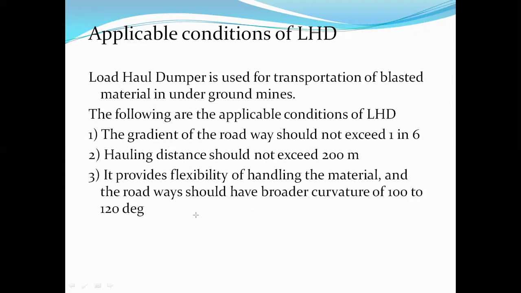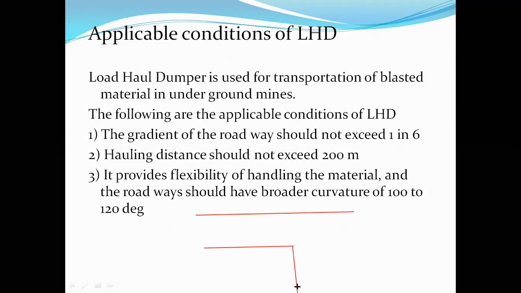Let us say this is one, and this is another one. Let's say you have a roadway something like this in an underground mine, and this is where the machinery is moving. The machinery can move straight like this, or it can take a turn, like this.